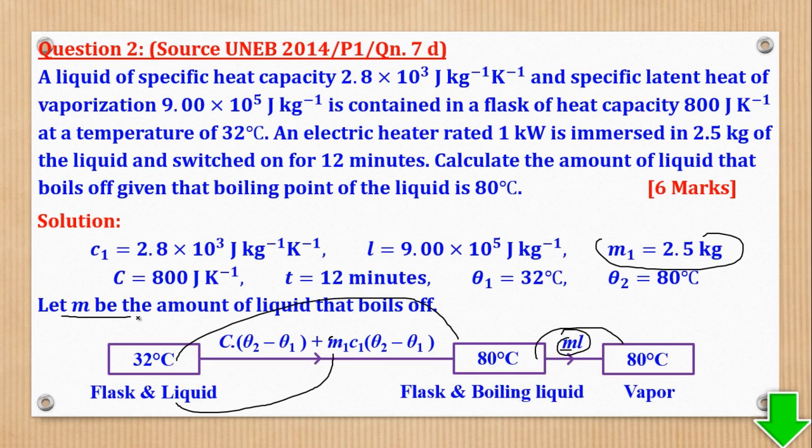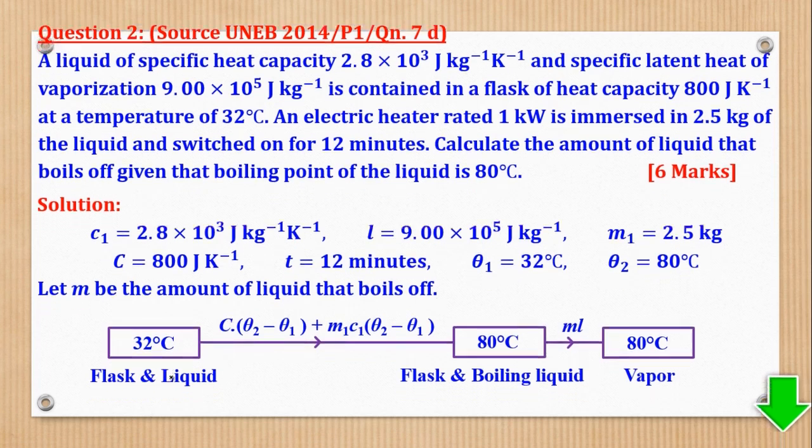That's why you said let M be the amount of liquid that boils off. So the mass that is vaporizing is that M. And if you look at the question, it is the mass they want. So after making an illustration, it is now easier to calculate. So let's begin the calculation.